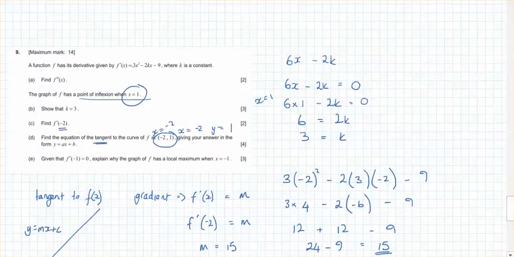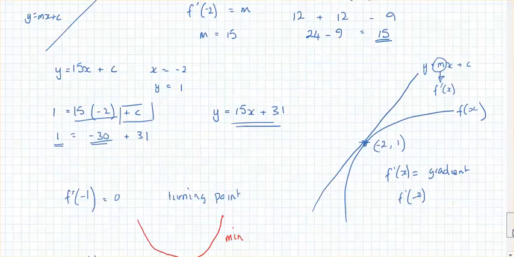Because if that's f dash of x, what's f dash of 0? I'll let you think.